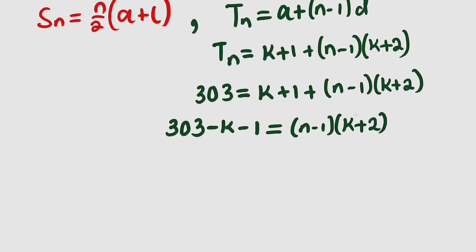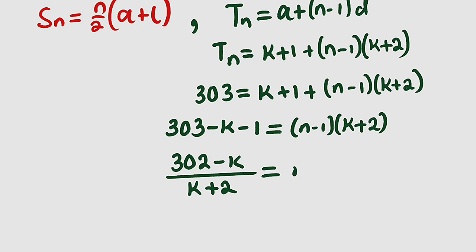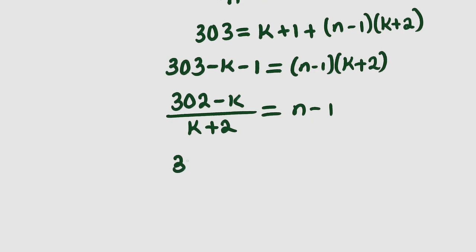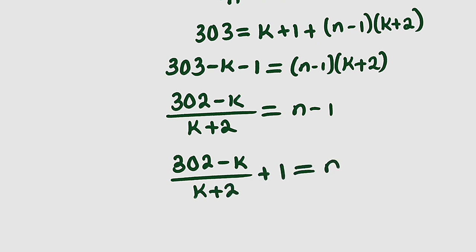Then we can divide both sides by k plus 2. 303 minus 1 is 302, so we have 302 minus k divided by k plus 2, which remains n minus 1. Then we can add 1 to both sides. We have 302 minus k divided by k plus 2, plus 1 as it crosses over, equal to n.